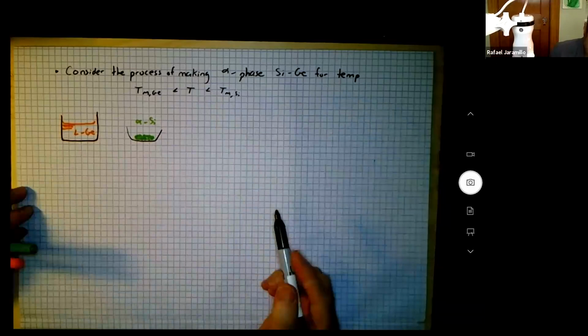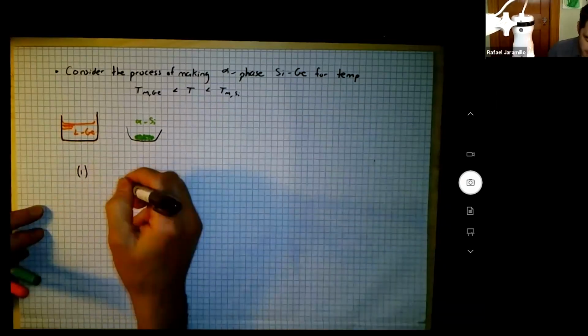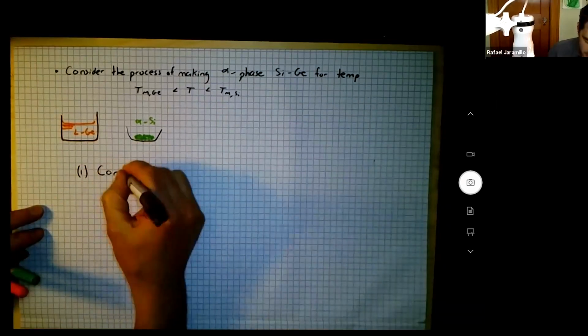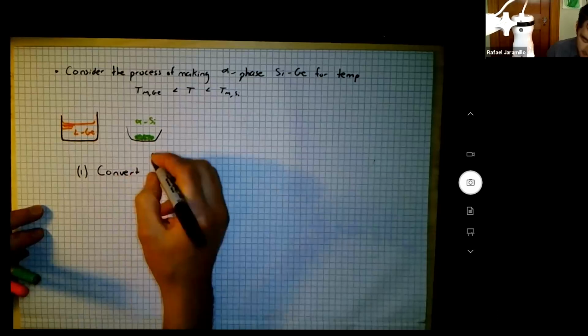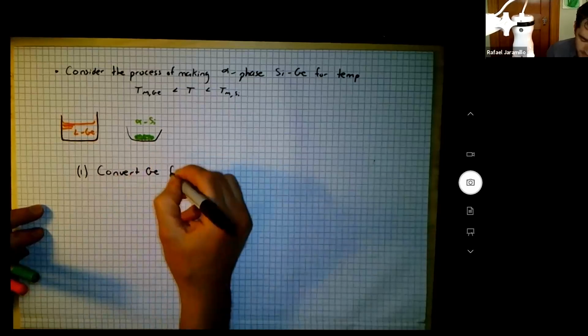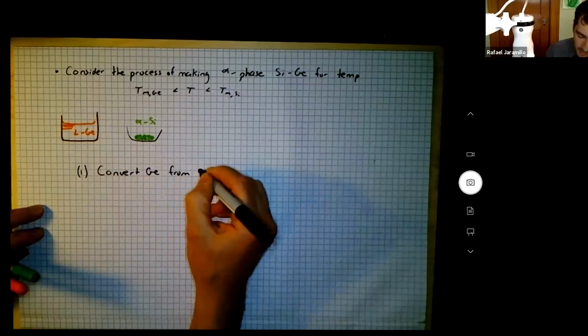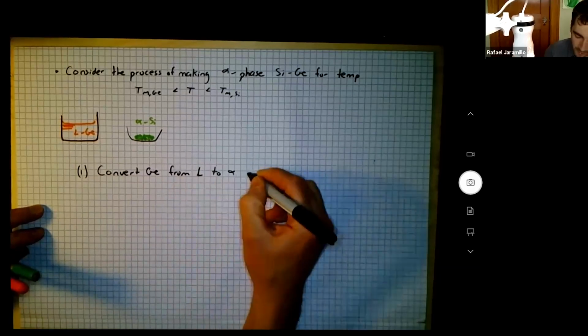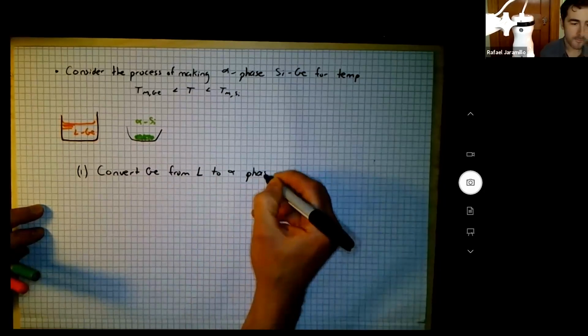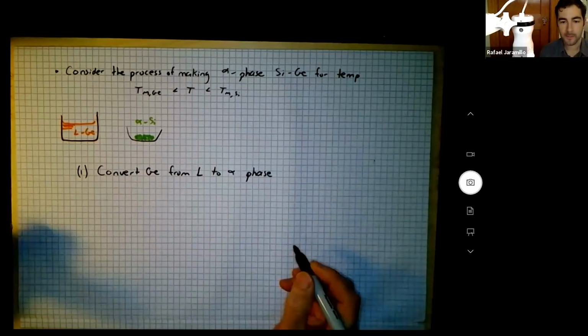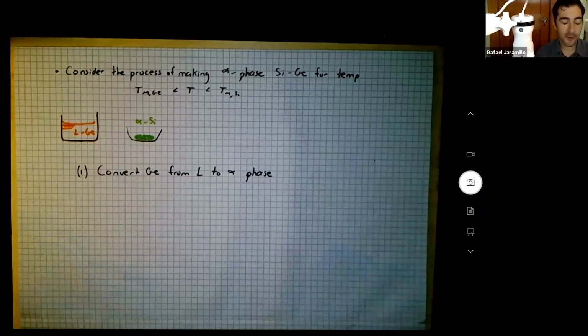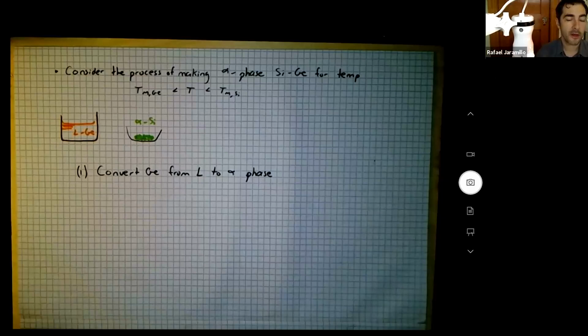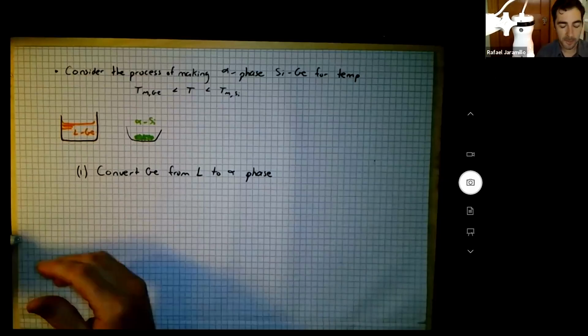So here's my process. First, I'm going to convert the germanium from liquid to alpha phase. Maybe you can do this in reality, but you can definitely do this in your mind, and when you do a calculation.